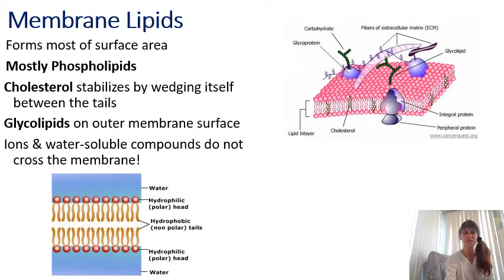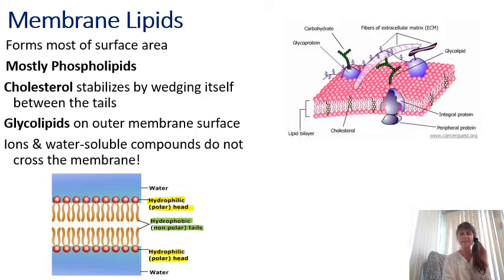On the lower left picture, we see that these phospholipids are arranged in such a way that the hydrophilic, water-loving polar phosphate heads are facing the extracellular fluid externally, as well as the intracellular fluid internally, whereas the hydrophobic fatty acid nonpolar tails are arranged on the internal portion of this plasma membrane.